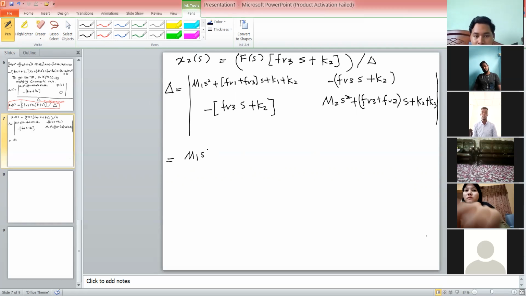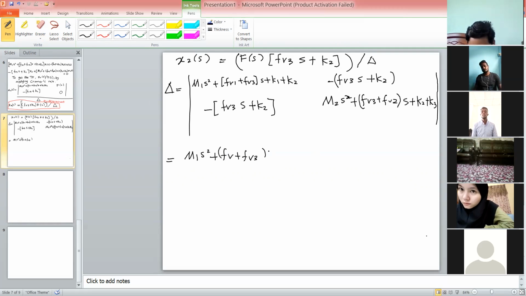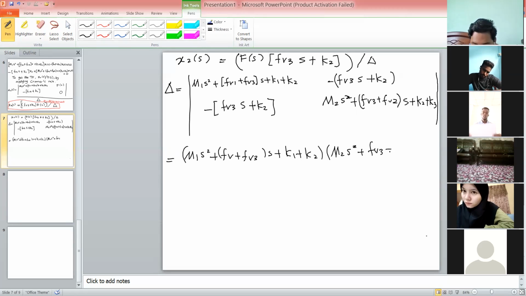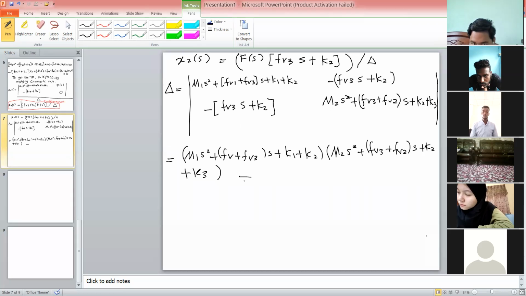M1 S square plus FV1 plus FV3 S plus K1 plus K2, times M2 S square plus FV3 plus FV2 S plus K2 plus K3, minus, this term and this term are the same, right?